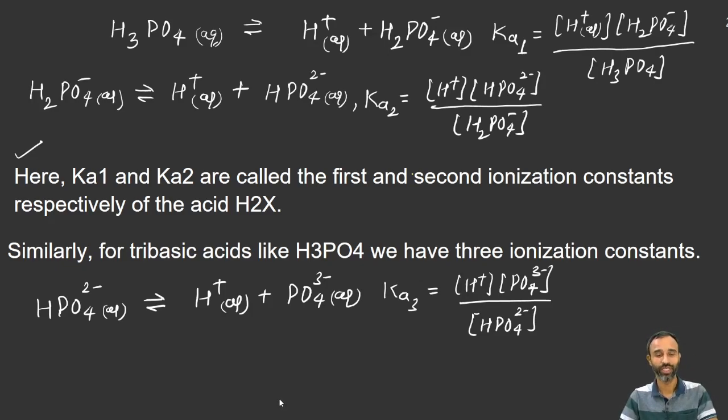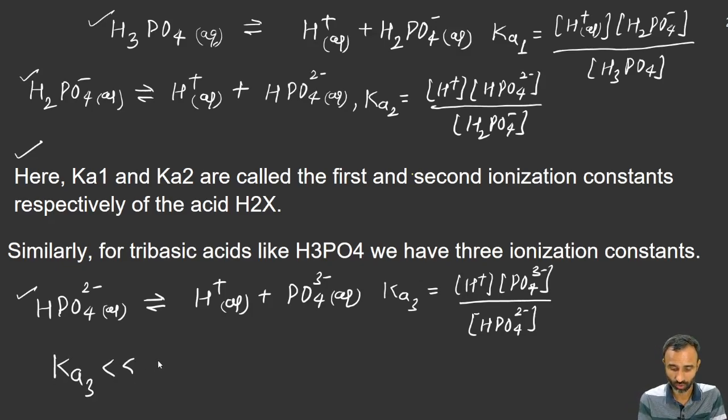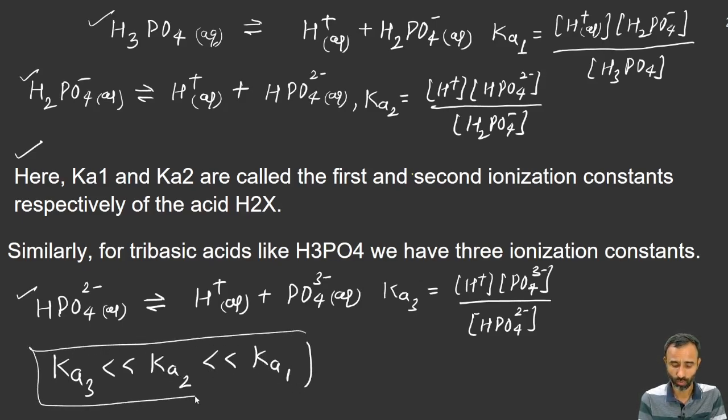And same as before, it is easier to remove H plus ion from the first one. It is difficult to remove from H2PO4 negative because it is already an anion, and it is more difficult to remove from HPO4 2 negative because there are two negative charges on the anion. Therefore Ka3 is very much less than Ka2, which is very much less than Ka1. So the main contribution of H plus ion is from Ka1.